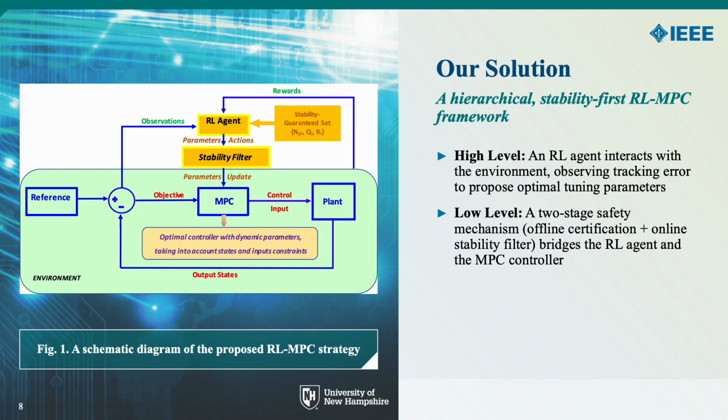At the lower level, a two-stage safety mechanism bridges the RL agent and the MPC. We use an offline certification step to create a safe action space. Then, an online stability filter acts as a real-time safety gate. Let's look at how these two stages work.